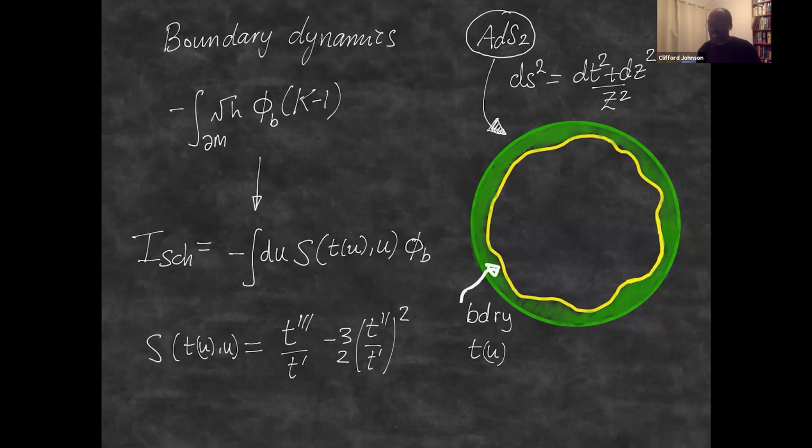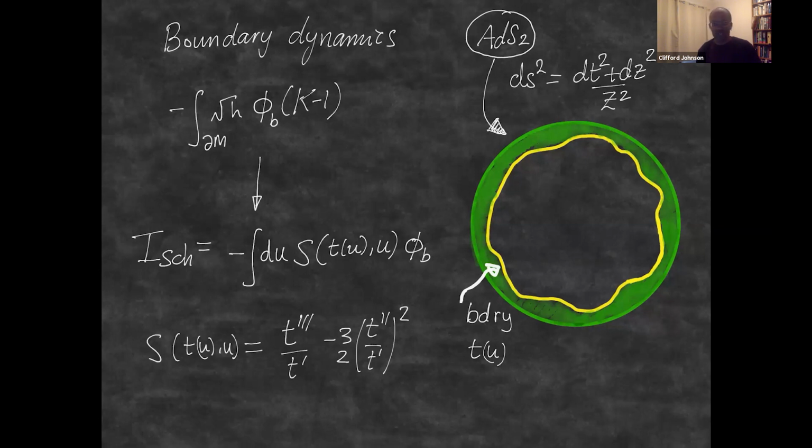But actually, the dynamics you should think of as being on a boundary just inside that asymptotic boundary, that yellow boundary I've drawn, which can fluctuate. That fluctuation is the dynamics, and that's what the Schwarzian dynamics is controlling for you.